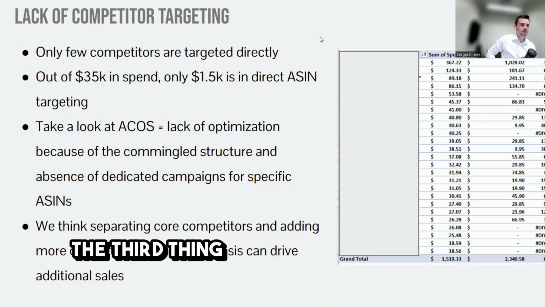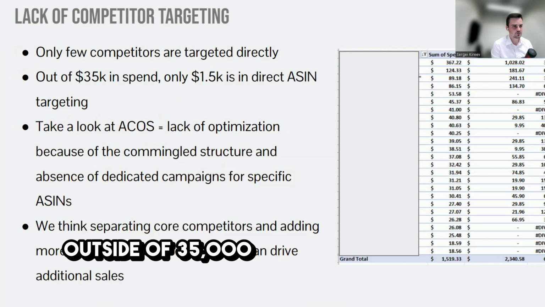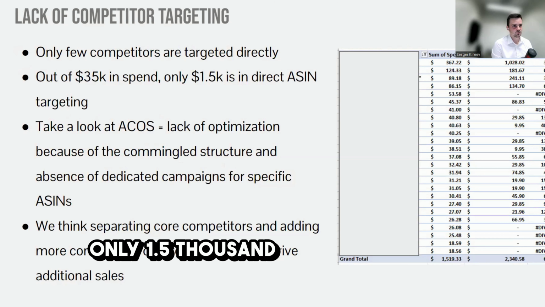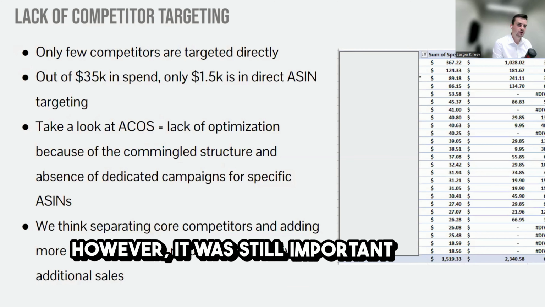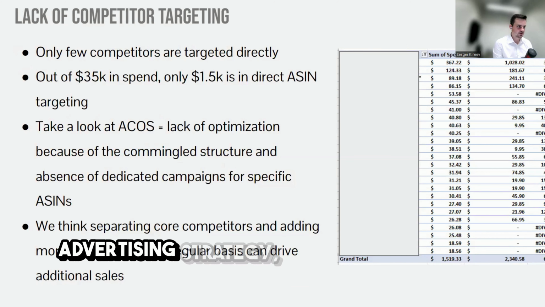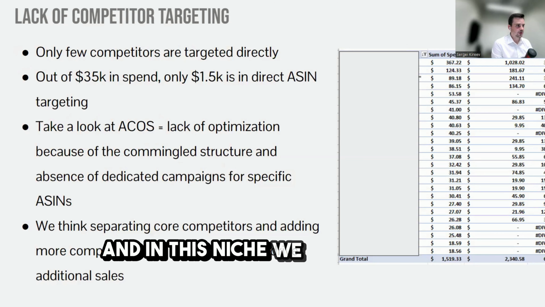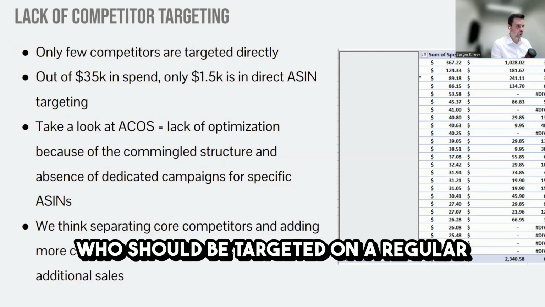The third thing was lack of competitive targeting. Out of 35,000 in total spend for the period, only 1,500 was in direct ASIN targeting. However, it is still an important part of the advertising strategy, like targeting your direct competitors. And in this niche, we had a lot of competitors who should be targeted on a regular basis.